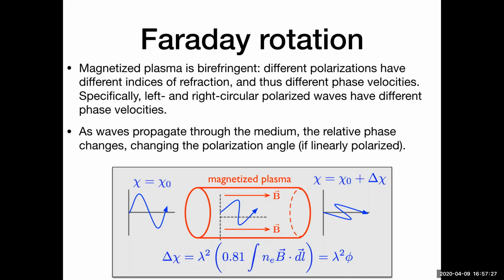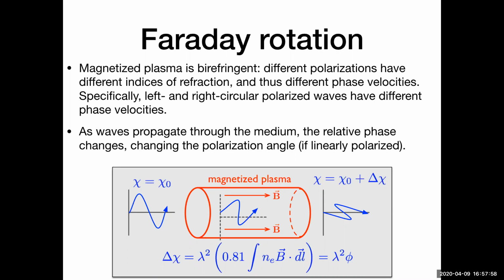And so as they propagate through a medium, you can think of a linearly polarized wave going into a plasma, but it's actually a superposition of the left and the right circular. But one of them propagates a little bit faster than the other, and so the phase relationship between them changes. And the phase relationship between circular components relates to polarization angle. There's a whole mathematical derivation that I skipped, but that's how it goes.